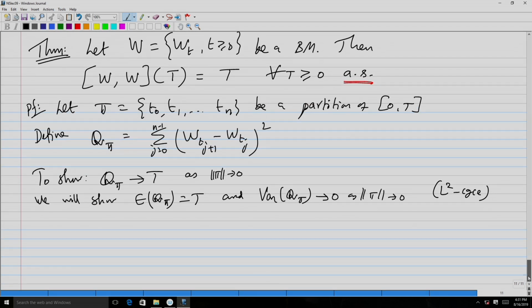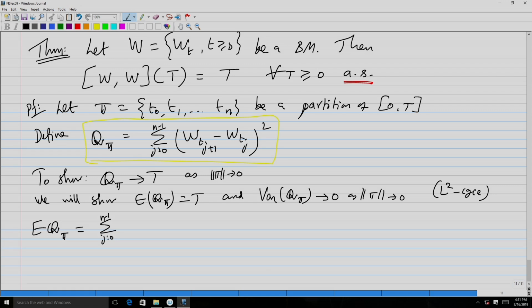Now, first we will show what the expectation of Q_pi is. Q_pi is given to be this quantity. Inside the summation, if I take the expectation of that, that means the variance of each of these quantities, summed from 0 to n minus 1, and they are all independent.